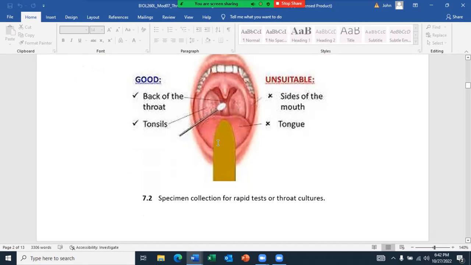And usually you go in with a tongue suppressor, as well as a swab.